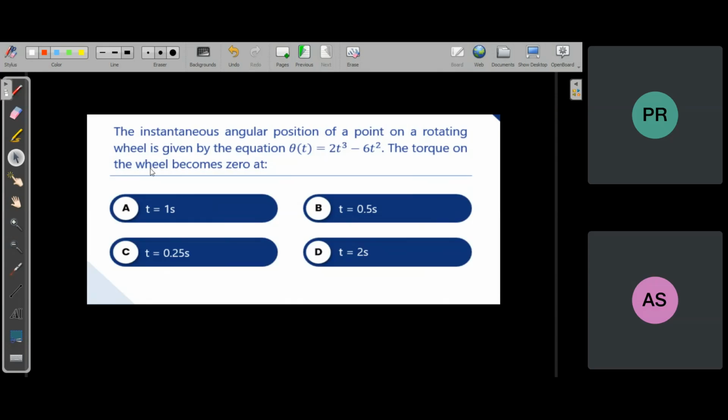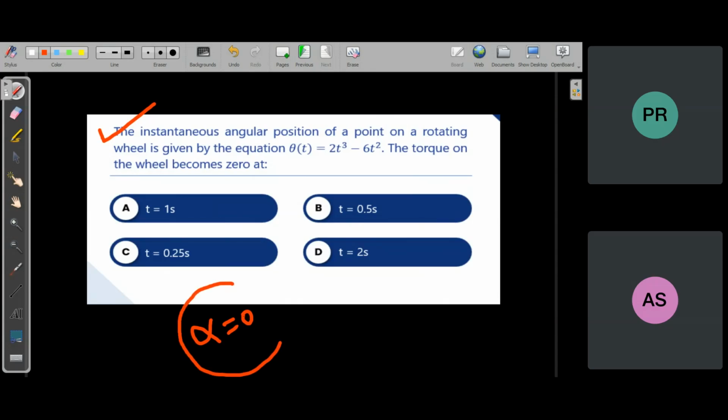You can ask. What is your problem? What is your doubt? Sir, t equals 2 seconds only. One second. Okay, so what is the concept here? What did you do? Sir, we found it by looking at the instantaneous angular position.